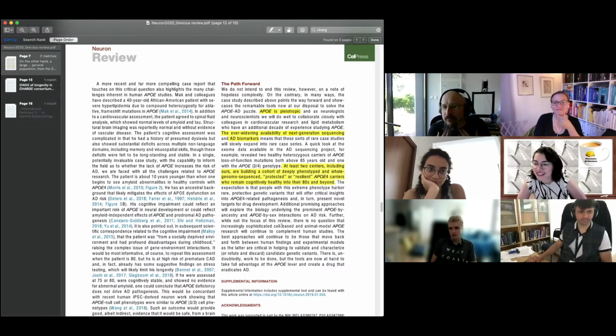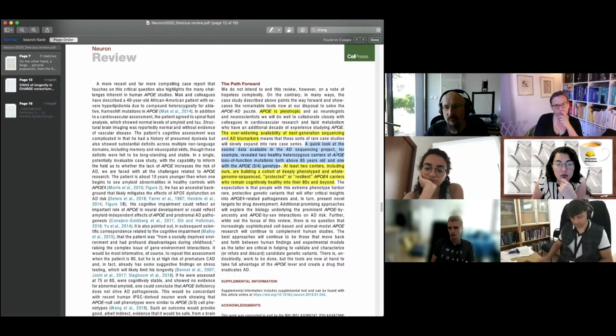Go ahead, Victor. I just wanted to ask what exactly was not clear about the sentence that you highlighted first, with the two healthy heterozygous carriers. Here they say a quick look at the exome data available in the sequencing project reveals two healthy elderly that had loss of function mutations that completely deactivated their APOE, right?